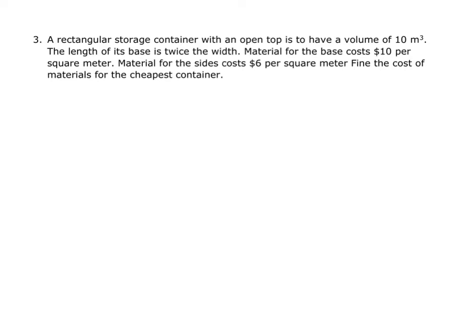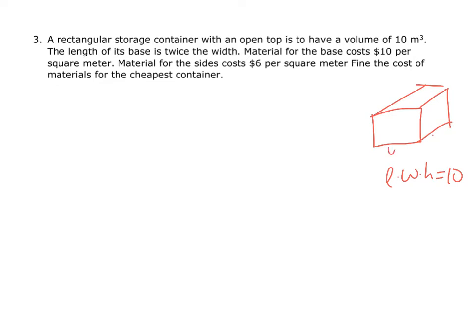A rectangular storage container with an open top is to have a volume of 10 meters cubed. The length of the base is twice the width. Material for the base costs $10. Okay, I'm going to start by drawing my picture. Rectangular storage container, an open top. All right, my volume, length times width times height, is 10. The length of its base is twice the width.